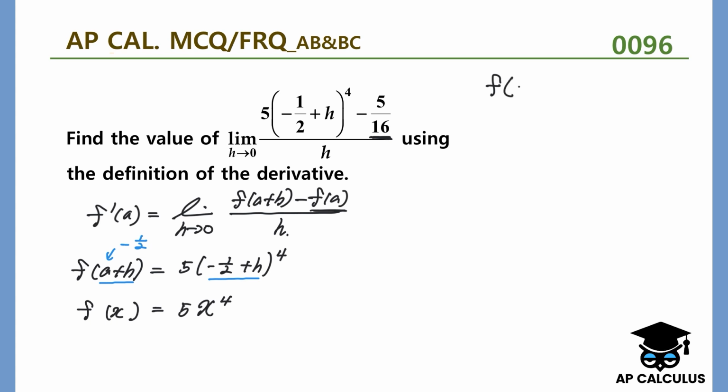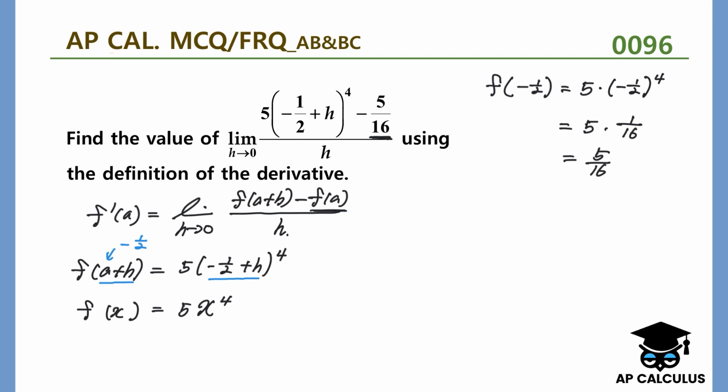So f of negative 1 over 2 must be equal to 5 over 16. Since f of x is equal to 5 times x to the 4, f of negative 1 over 2 is equal to 5 times negative 1 over 2 to the power of 4, which is 5 times 1 over 16, so that's 5 over 16, right? So we just checked that f of a, which is f of negative 1 over 2, is equal to 5 over 16.